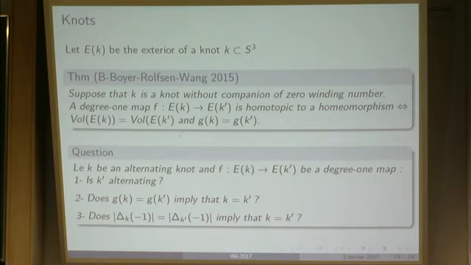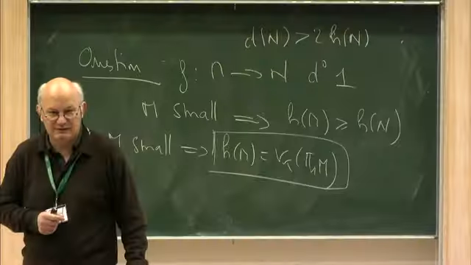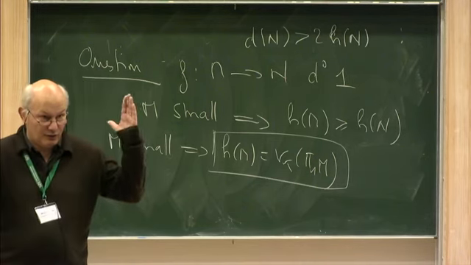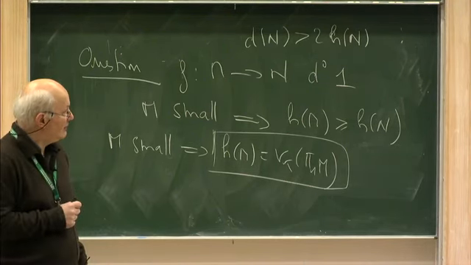So perhaps this is true, and I believe also that for alternating knots you don't need the volume. The genus will be sufficient. And this is true for many alternating knots. This is true, for example, if the leading coefficient of the Alexander polynomial of the alternating knot is a power of a prime. This is due to Cameron, in fact, and uses the Stallings exact sequence and the fact that the commutator subgroups of these knots are residually nilpotent.